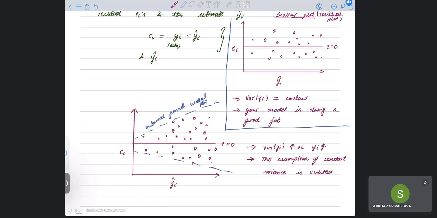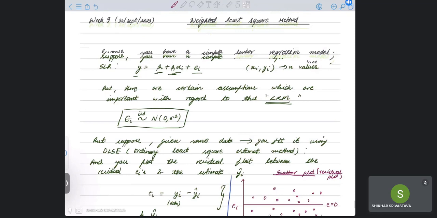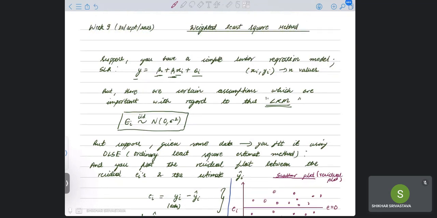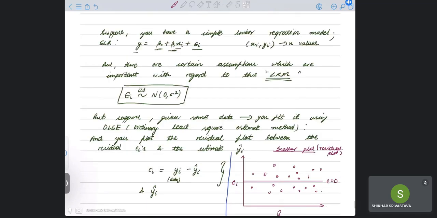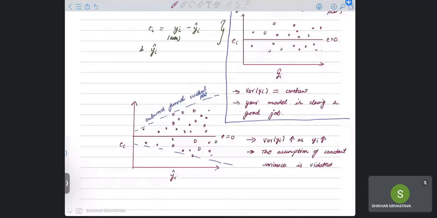The random variable associated with the model is normally distributed with mean zero and variance sigma square. But you see that variance is not constant. With increasing value of y, variance also goes on increasing.